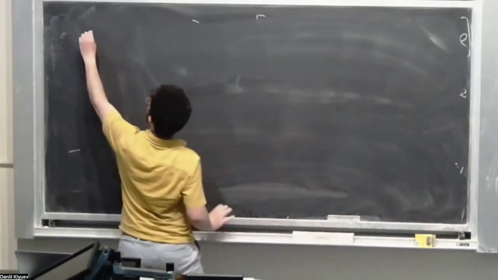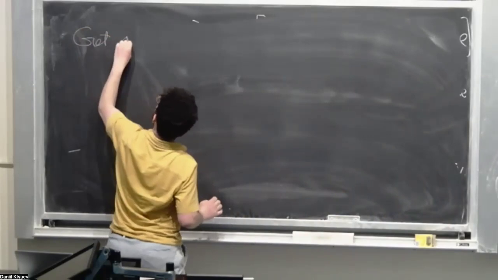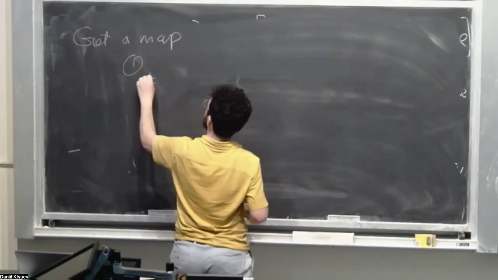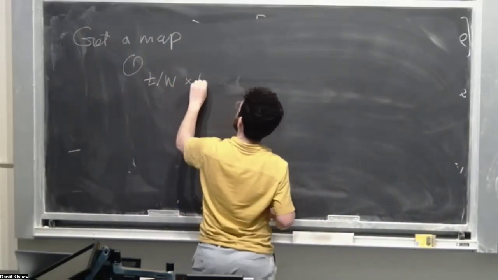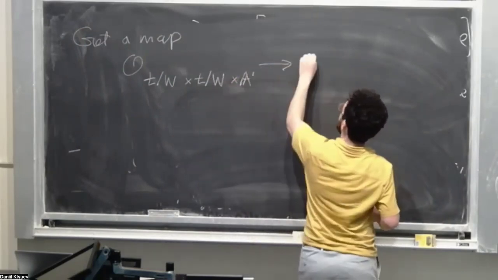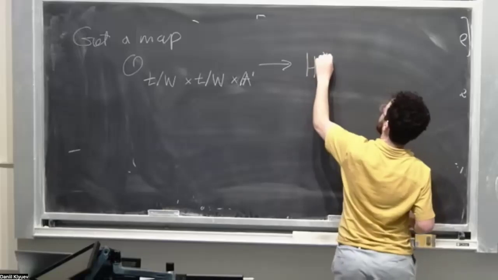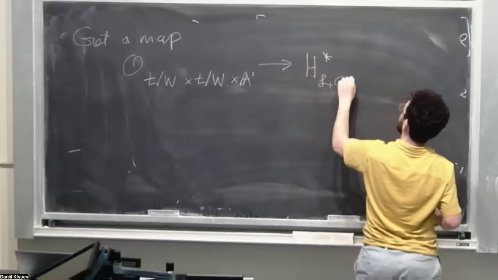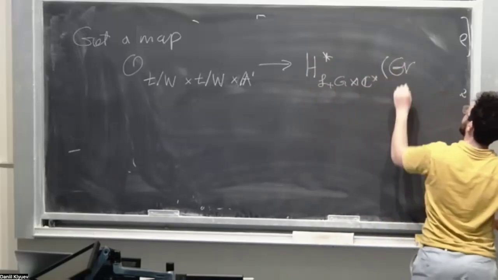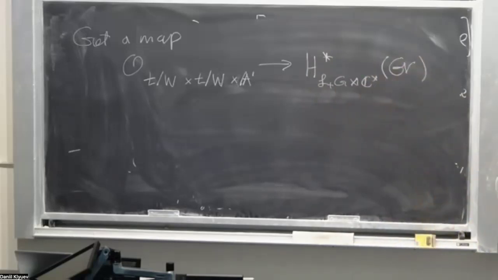So we get a map from O of T mod W times T mod W times A1 to the L plus G equivariant cohomology of the Affine Grassmannian. Each one of these contributes a T mod W, and then this one will contribute the A1 part.